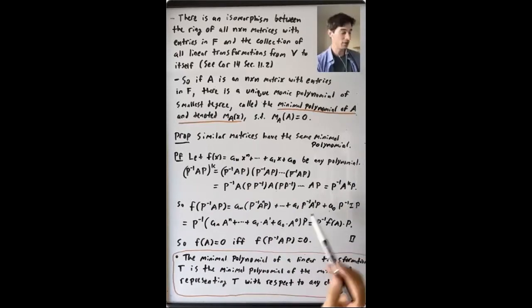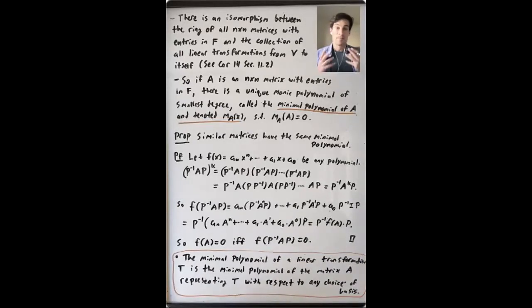Because now by the distributive law, this is P inverse times a_n A^n plus a_1 times the matrix A to the first power plus a_0 times the identity matrix A to the 0th power, times P, which is P inverse f(A) P. P and P inverse are invertible matrices. So f(A) is 0 if and only if f of P inverse A P is 0. In particular, each of these matrices has this unique monic polynomial of smallest degree such that when you put in the matrix you get 0, and those minimal polynomials are the same.